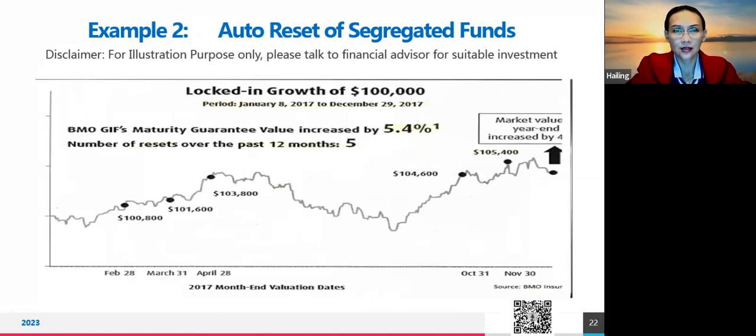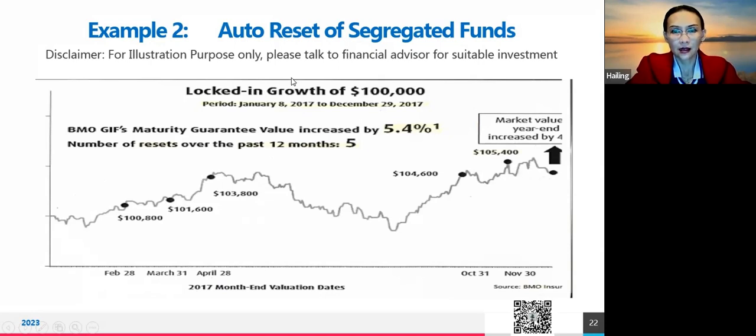So another example, just to show you the reset function. We mentioned that this is a very good benefit that a segregated fund offers, but is not offered by mutual funds. How it works: for example, at the beginning of the year, the person puts in 100,000. During the course of this year, the market has ups and downs, just like the curve here, right?